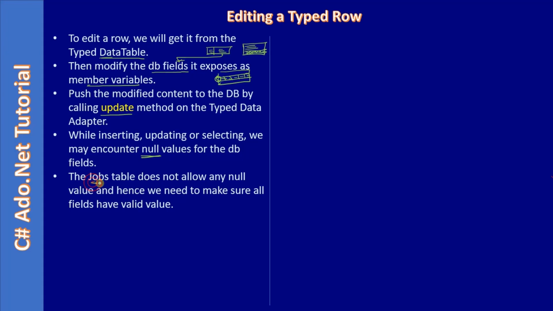But our job table does not allow any null value, and hence we need to make sure all fields have a valid value when performing the insert as well as the update, or simply when you make a call to update. Right. So this null problem exists when you perform the update because the backend database doesn't allow null.